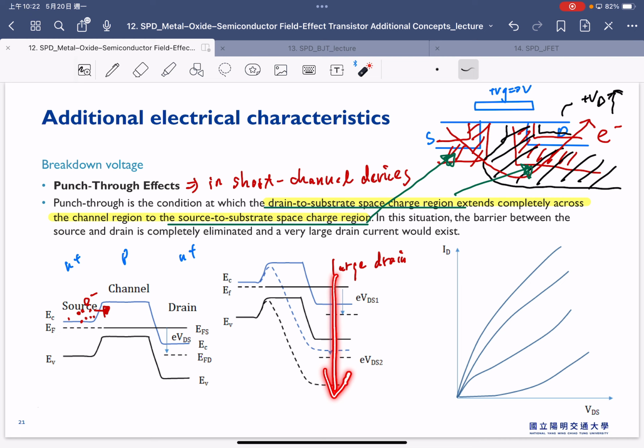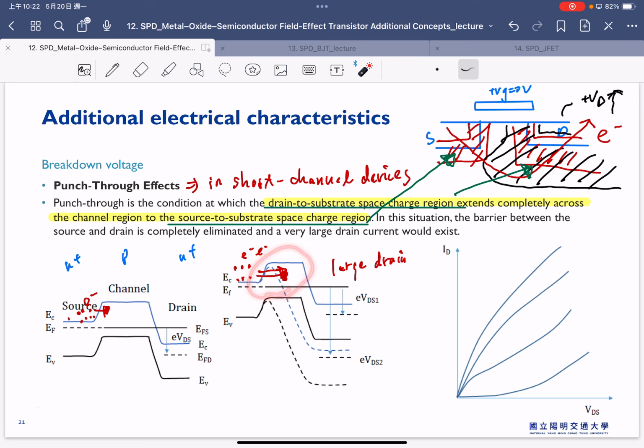Now you see the barrier here becomes smaller, and once the barrier becomes smaller, there's a chance the electrons can tunnel from the source to the drain side, even with no gate bias.